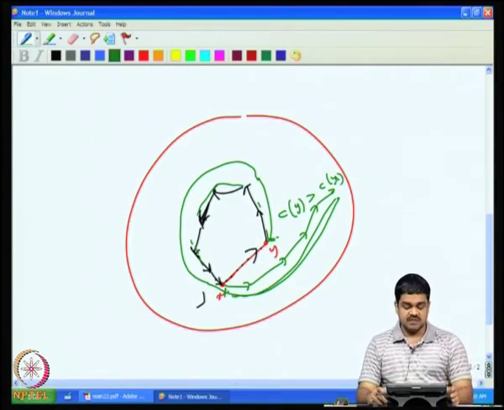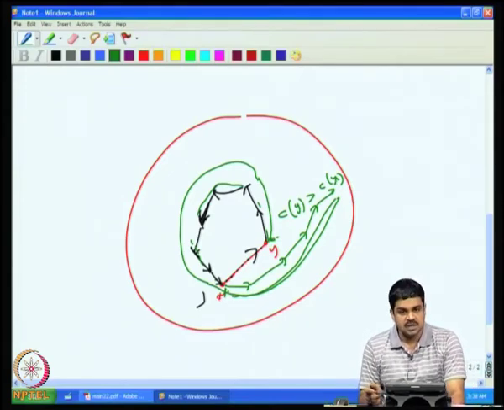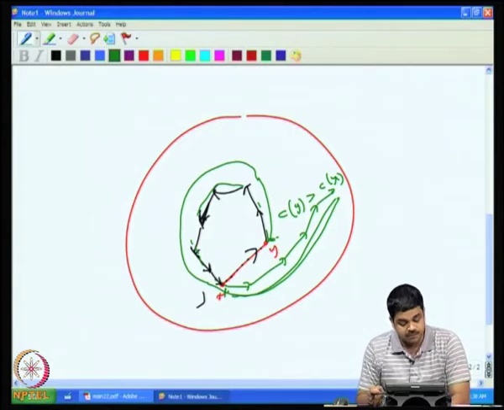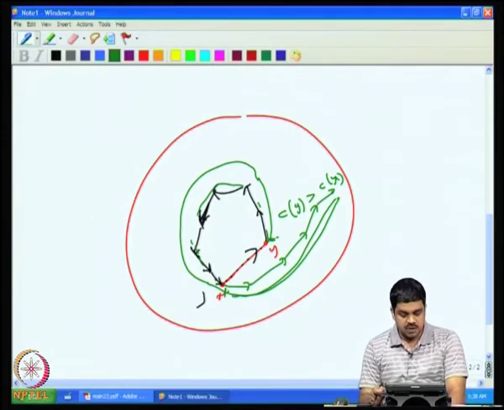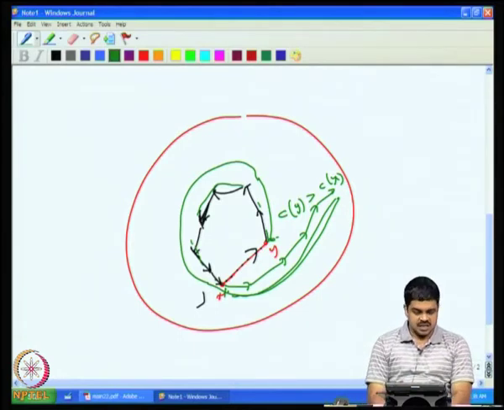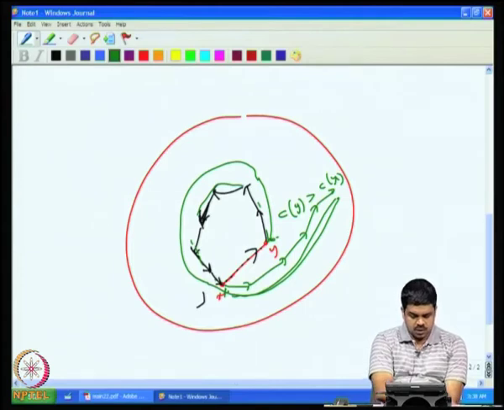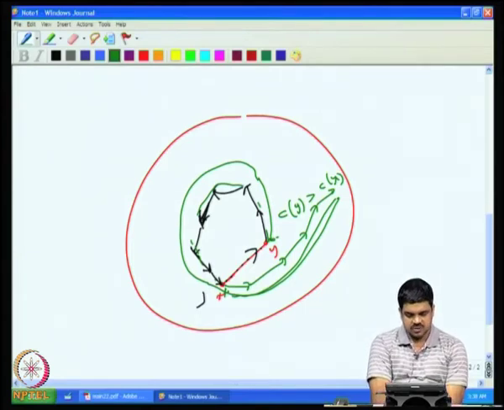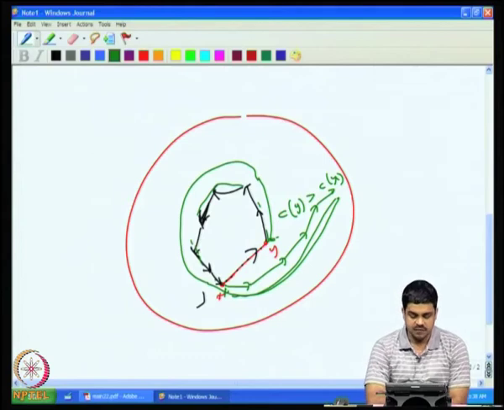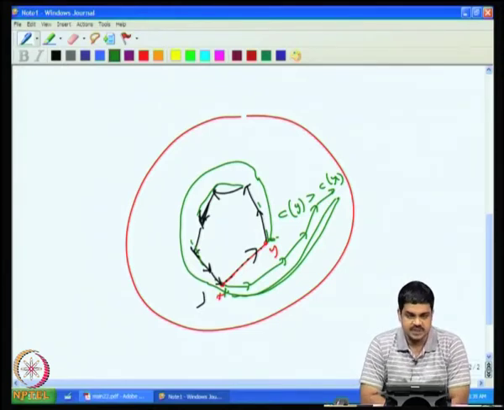So, in both cases, whether an edge of D is in D' or not in D', the color of x has to be different from the color of y. Therefore, it follows that this coloring strategy gives a proper coloring for the vertices of D, and because it is a proper coloring, the number of colors used is at least k.